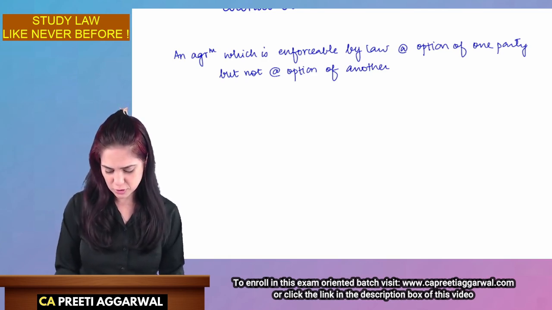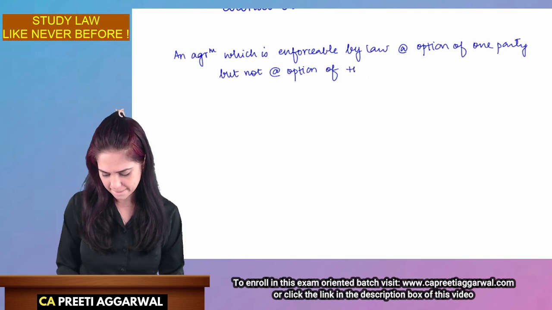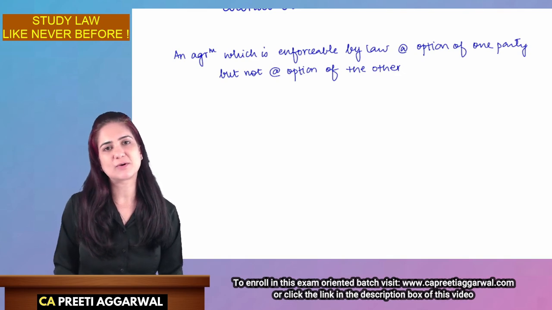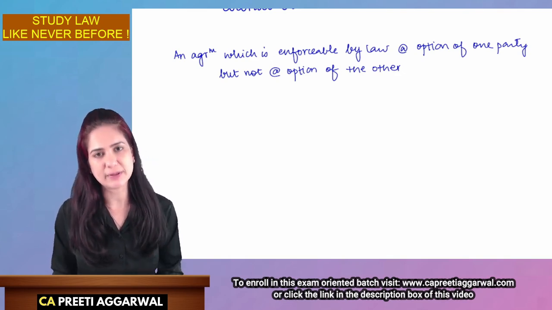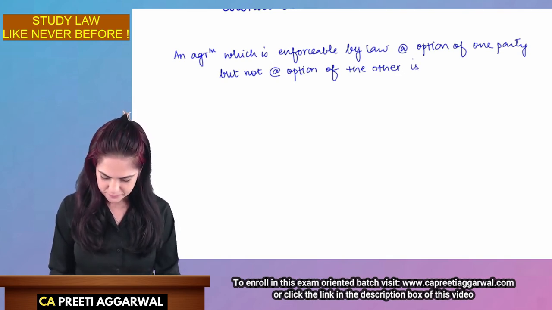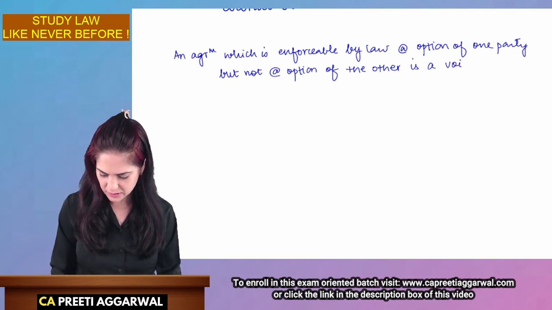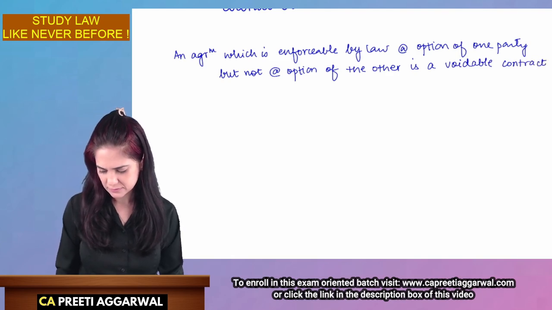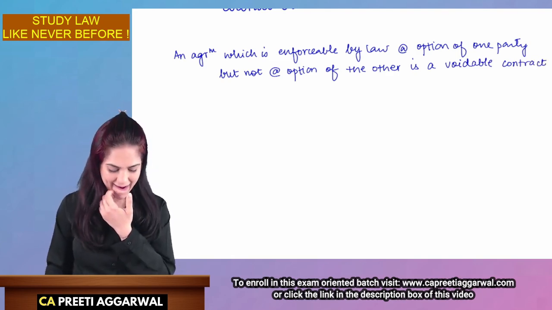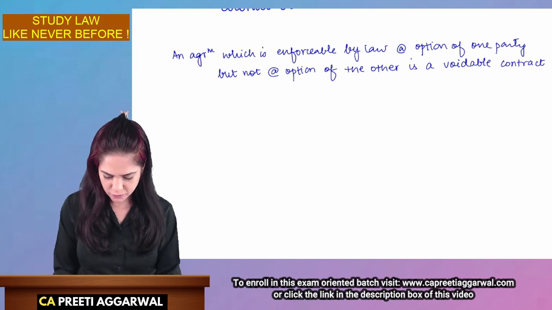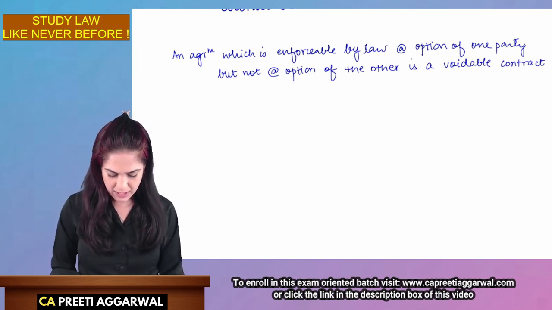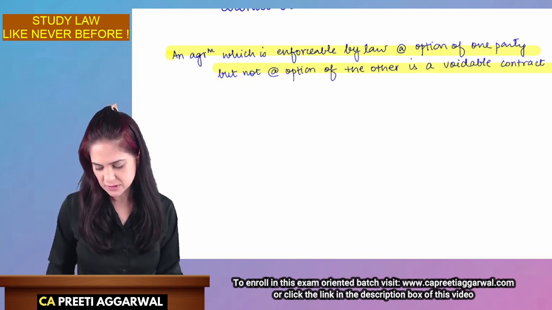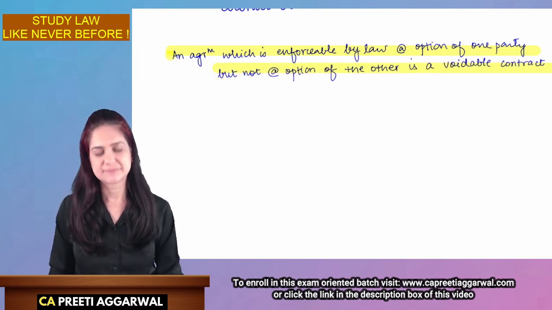Not at the option of the other. Then such agreements are known as voidable contracts. An agreement which is enforceable by law at the option of one party but not at the option of the other is a voidable contract.